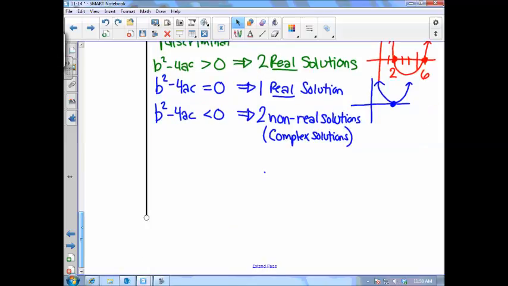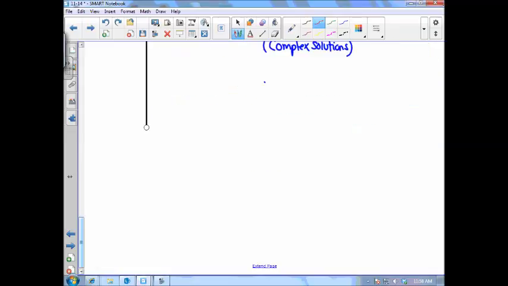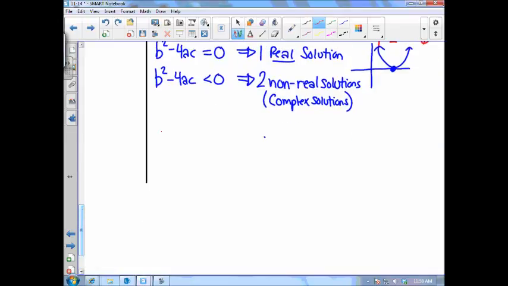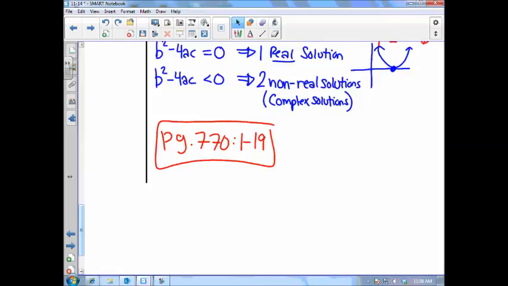Okay? Our assignment today, for the rest of class, we can work in partners on page 770, numbers 1 through 19. Page 770, numbers 1 through 19. Okay, you're welcome to work with your partners as long as you're actually working and not just socializing.